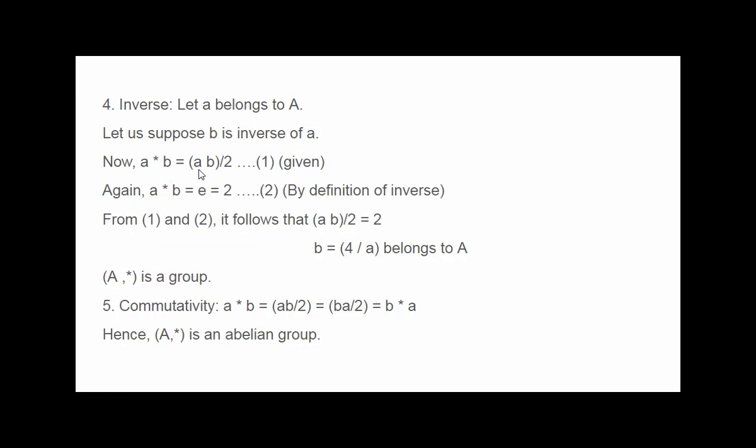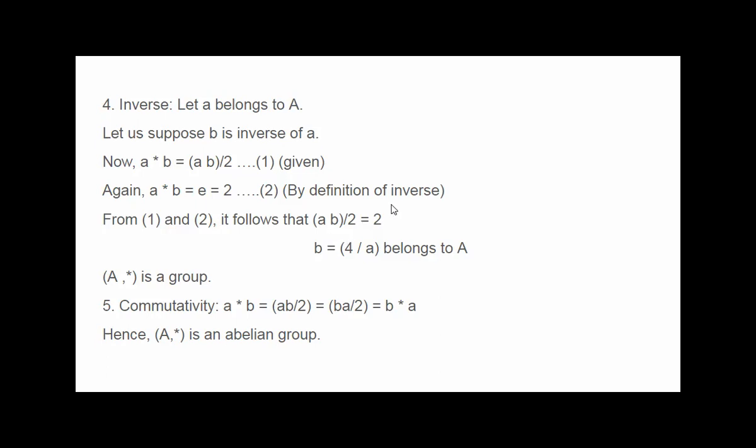Now a star b is equal to ab by 2, which we know by our given operation. Here b is the inverse of a, keep it in mind.